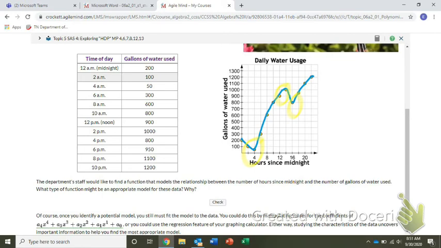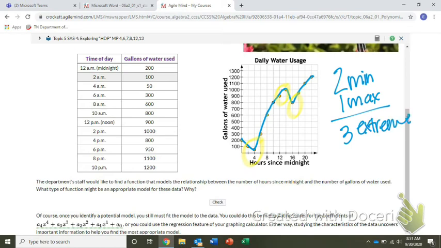Since I have 2 min and 1 max, I have a total of 3 extreme values. So 3 plus 1 is going to give me my degree. So this would be a 4th degree polynomial. Okay? We're going to practice the questions and you'll understand what I'm saying.